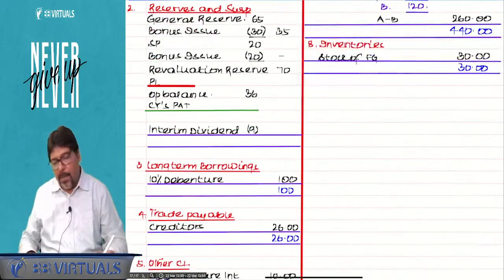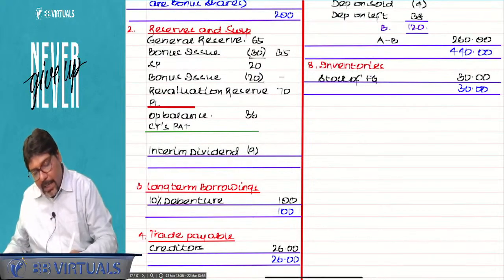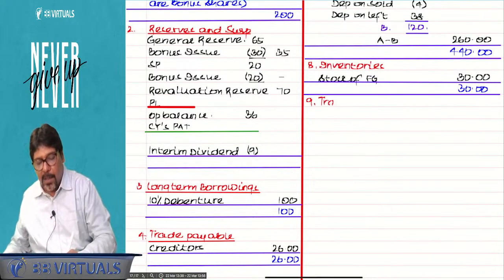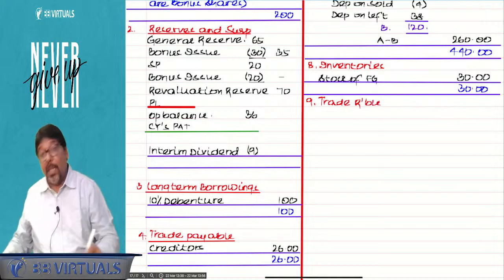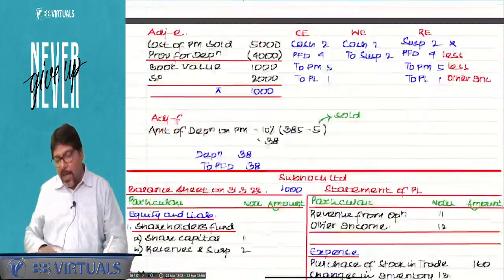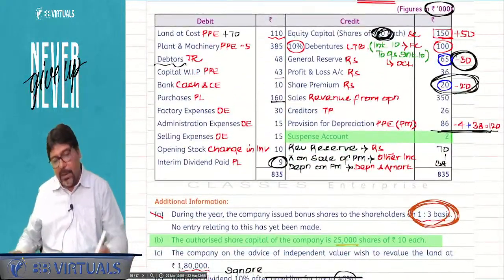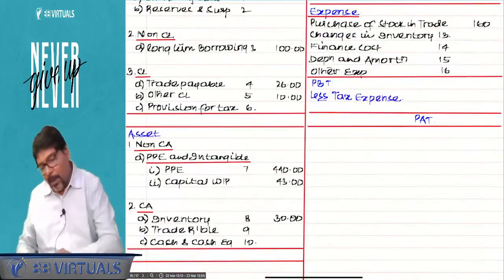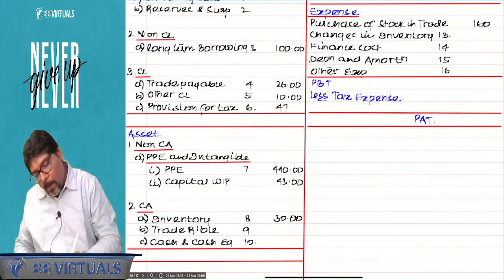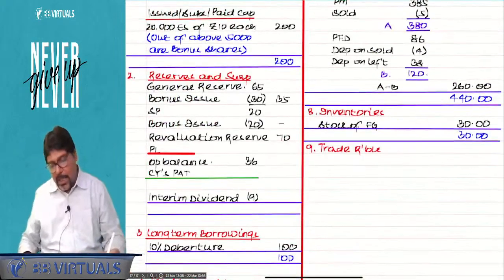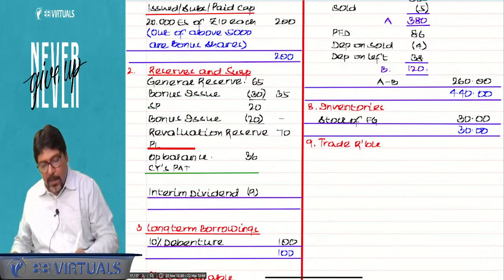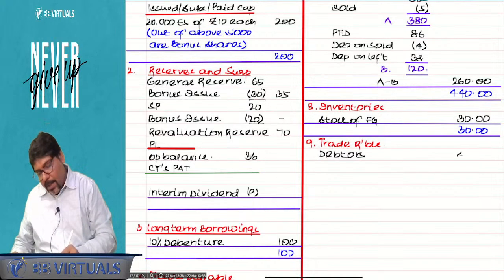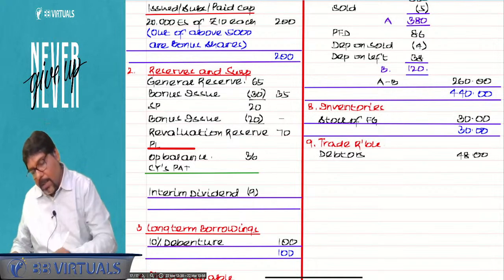Then trade receivables. Number 9. Trade receivable means debtors. How much? 48. Debtors is equal to 48.